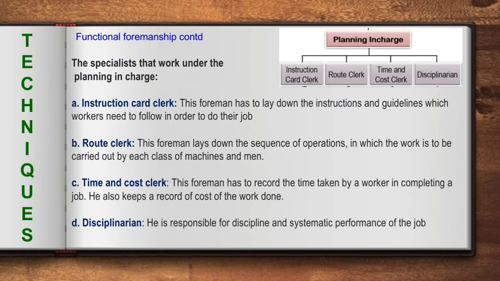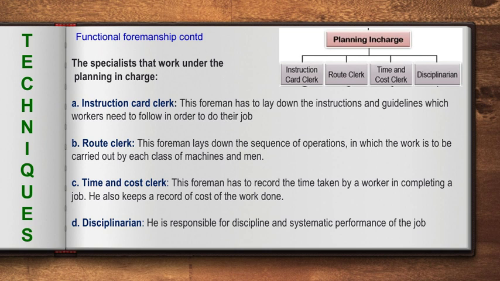To simplify his work, there are 4 clerks who are appointed under the planning in charge. So the first one is the instruction card clerk. The instruction card clerk lays down the instructions or guidelines that workers must follow in order to do their job. And therefore, he is called the instruction card clerk.